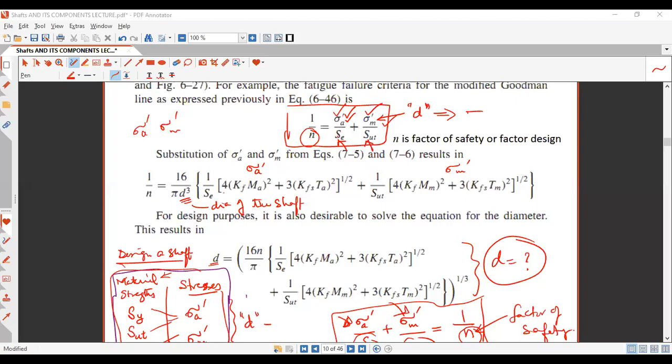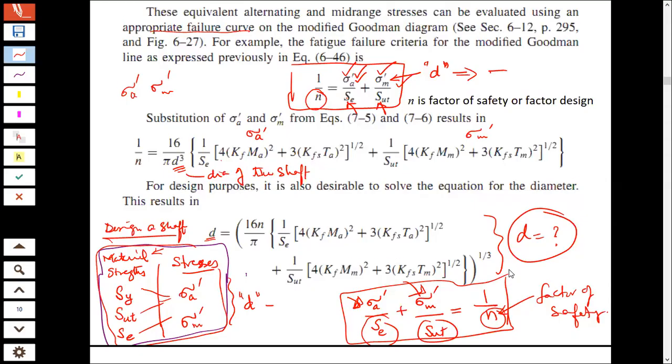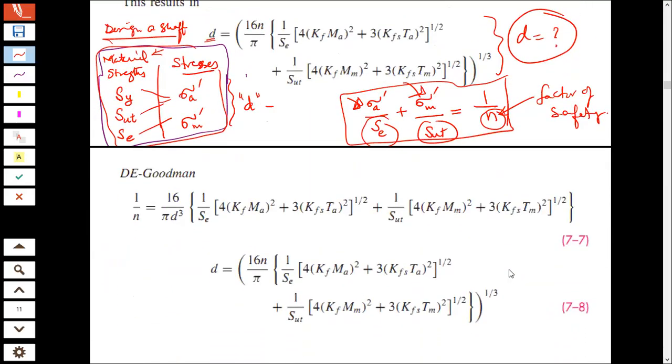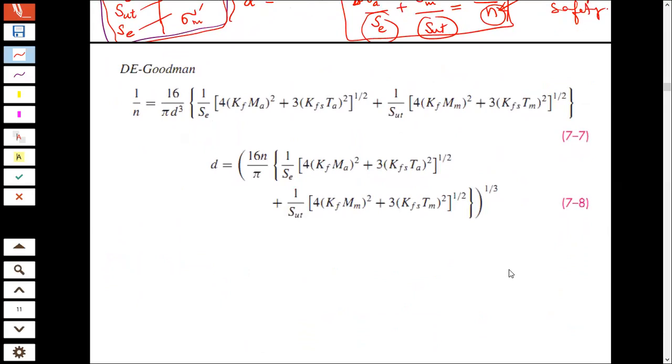So now we know, this was just using one criteria, but you can use another criteria. For example, let's look at the Goodman criteria.